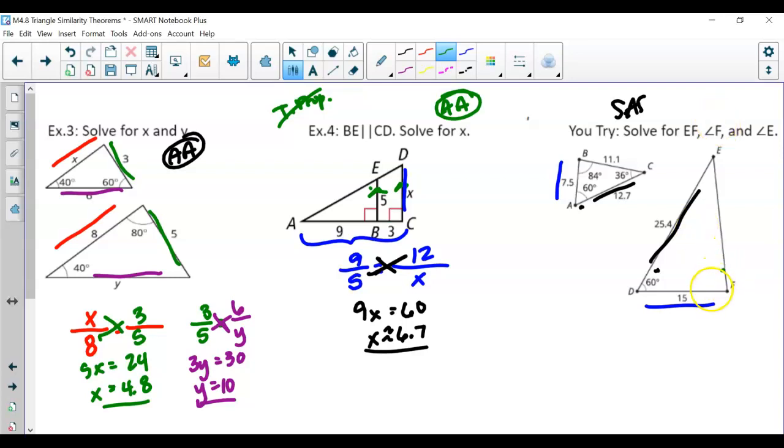So angle F, that means if you were to notice here, that if A and D are corresponding, then that means F was corresponding to B. So that's why angle F is 84 degrees. That means that angle E is 36 degrees because it's corresponding to angle C.